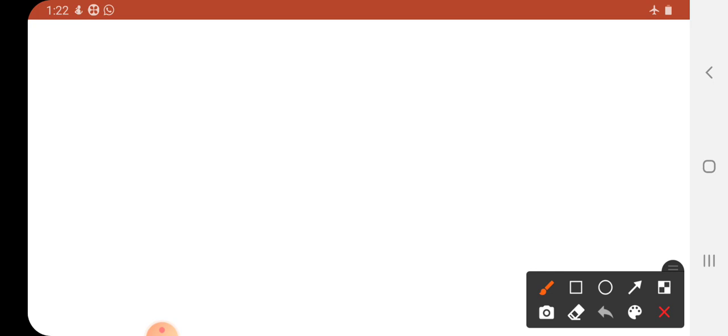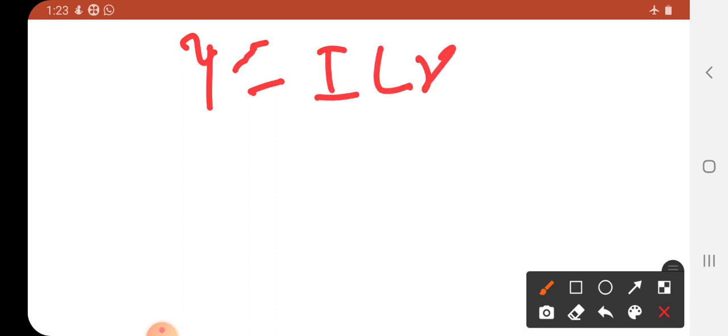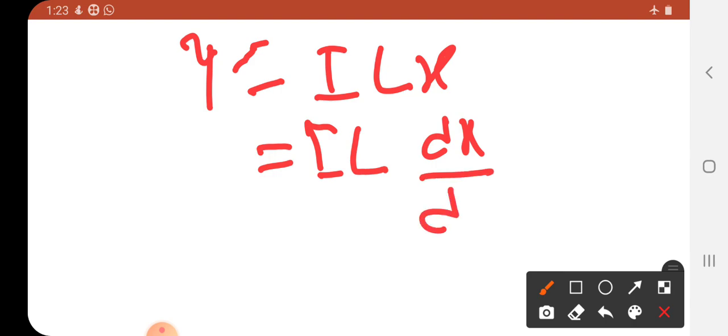The flux linkage at x is given by psi is equal to I L x, that is I into L into x.